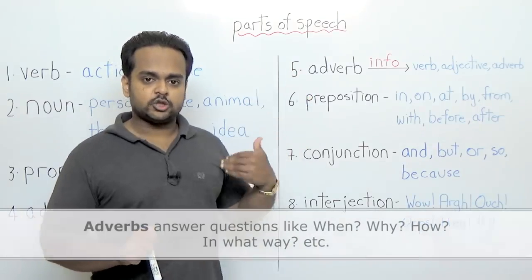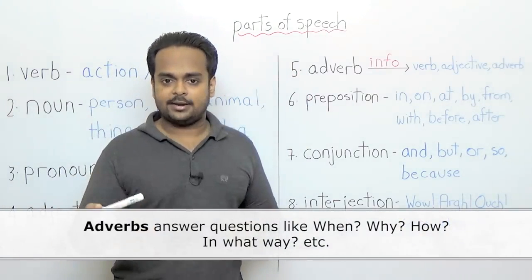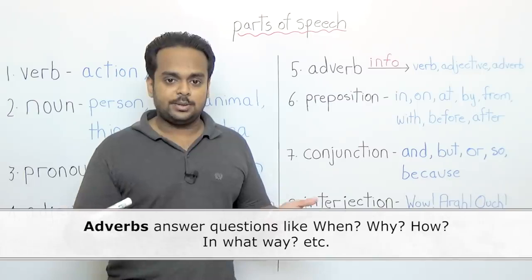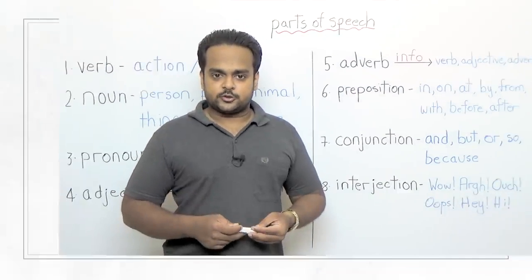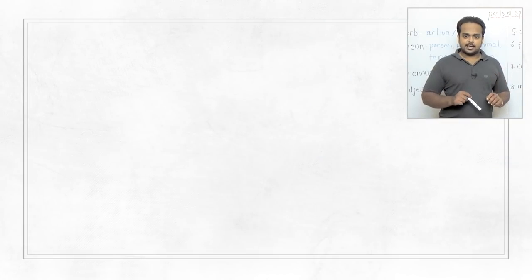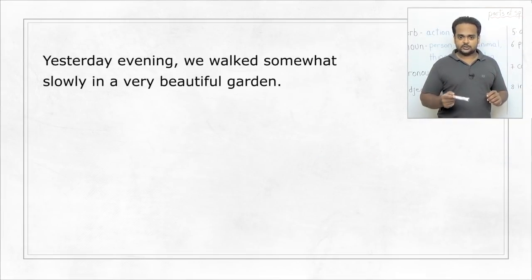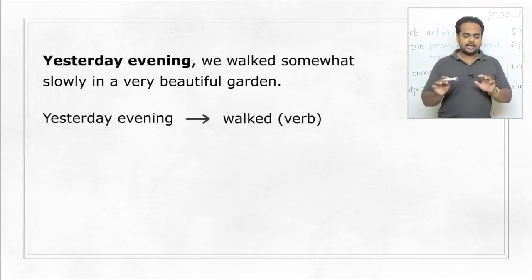And adverbs usually answer questions like when, why, how, in what way, etc. Let me show you a sentence so you can see all the different things that adverbs can do. Yesterday evening, we walked somewhat slowly in a very beautiful garden. In this sentence, the first adverb is yesterday evening.